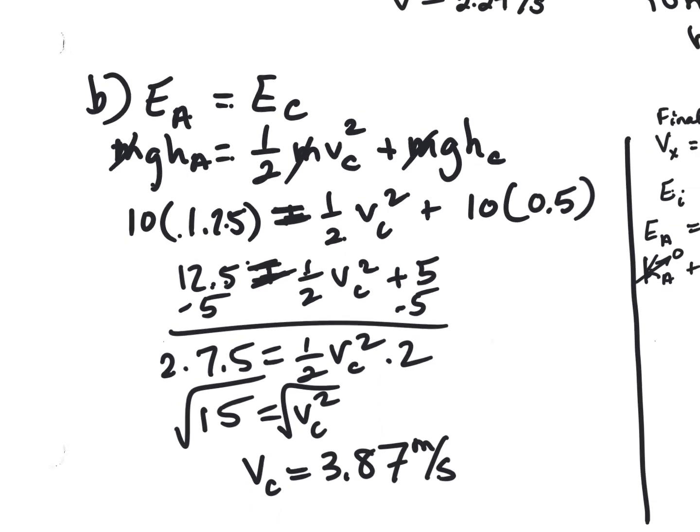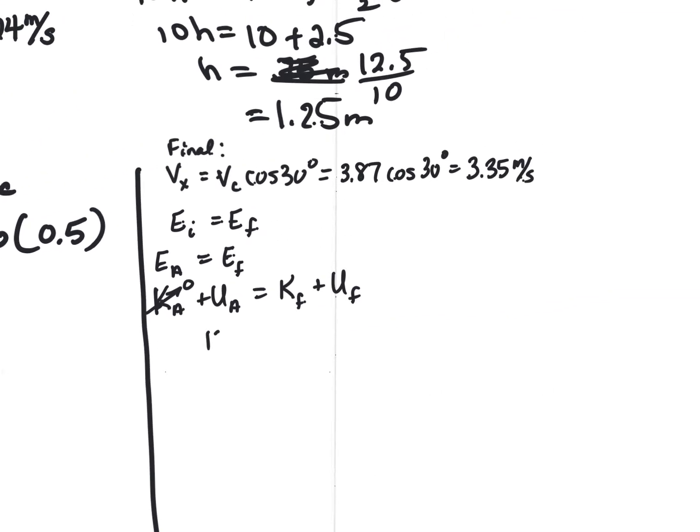12.5. Kinetic energy is 1/2 m. Well, the mass is 0.1. So this is 0.1 times that velocity squared, 3.35 squared, plus mgh.